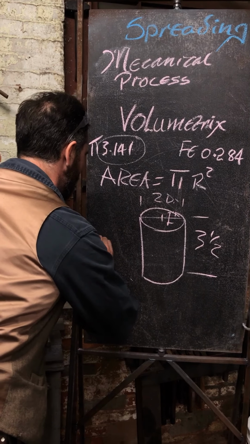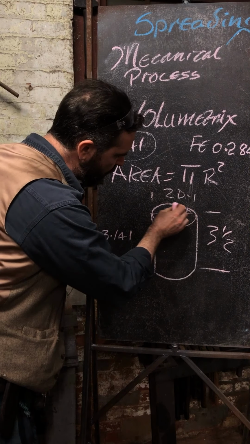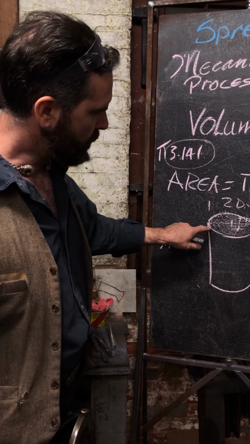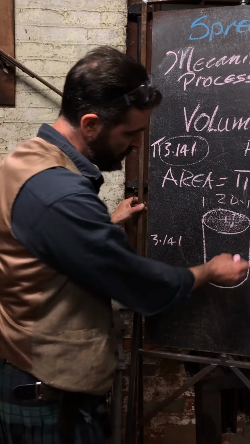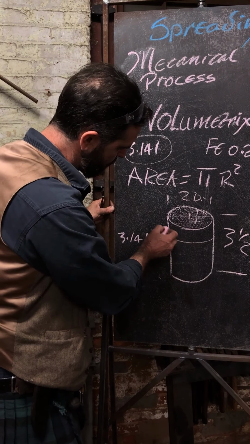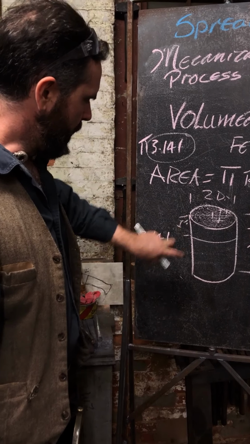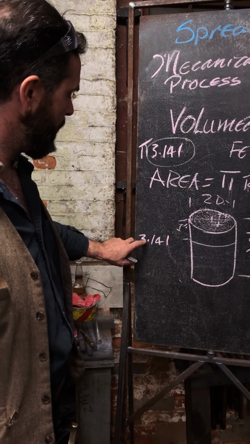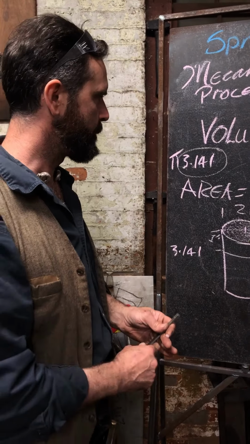So 3.141 is the surface area of this bit, okay? So if we go down 1 inch, I'm just going to take 1 inch of this. That means that 1 inch of this material has a volume of 3.141 cubic inches.